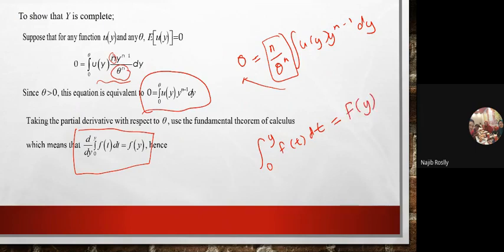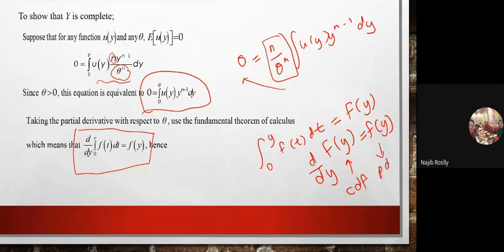That means if you differentiate capital F, you will get back your small f. Capital F is the CDF, and small f is the PDF. Integrating small f gives you capital F, and differentiating capital F gives you back small f, your PDF. By the same concept, differentiating the integral of f(t) dt gives us f(y).